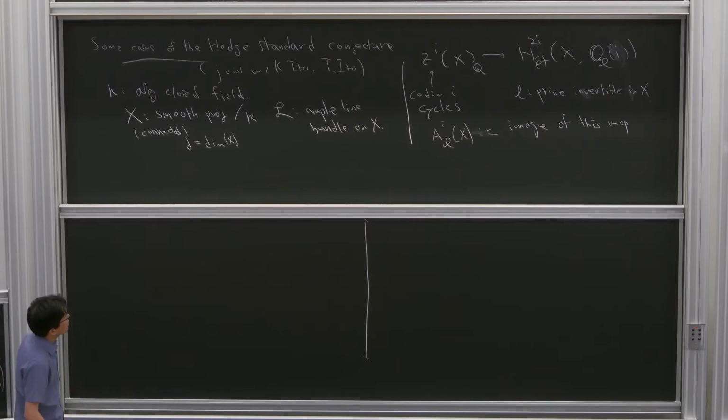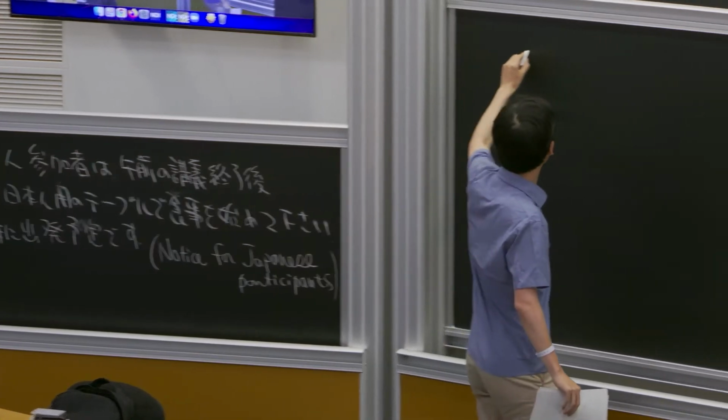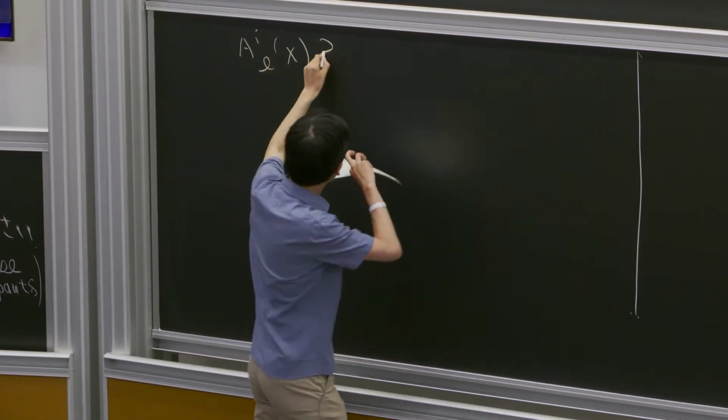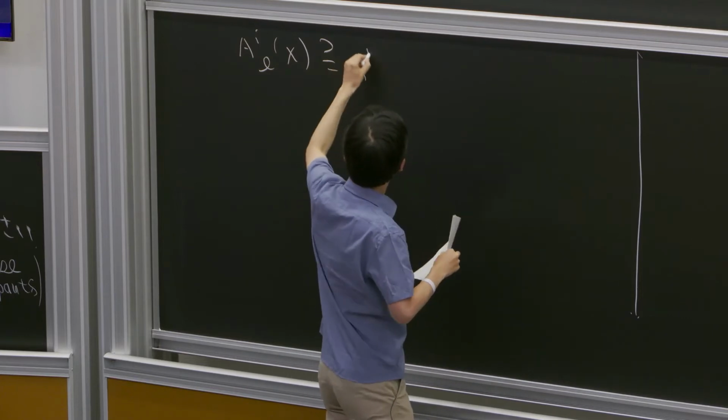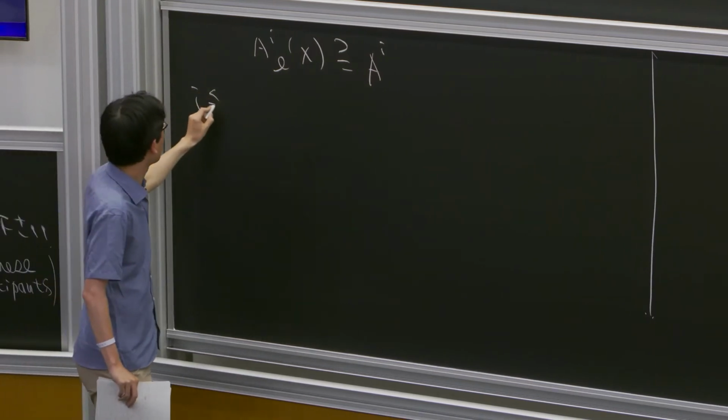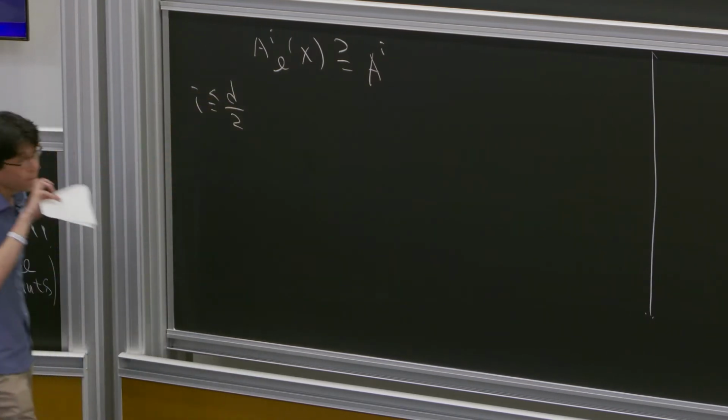And then I fix the polarization, so I take the primitive part of A^i_l(X). So inside A^i_l(X), we have the primitive part, say i less than or equal to d over 2.